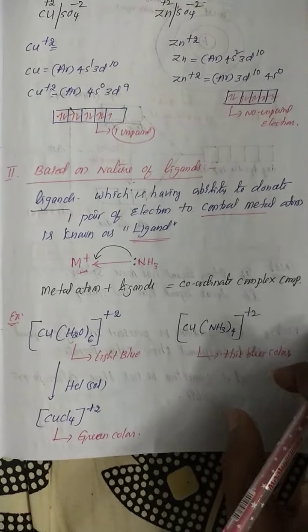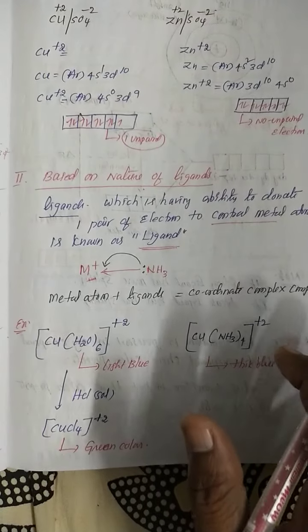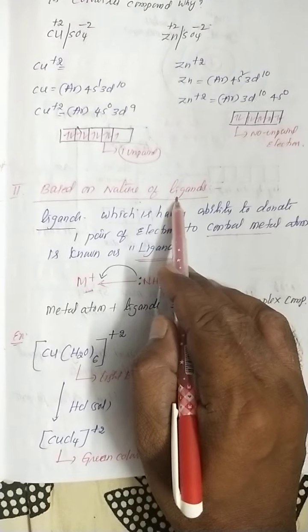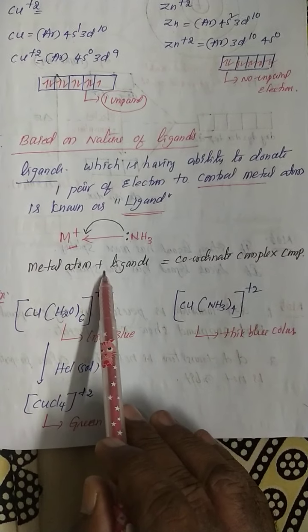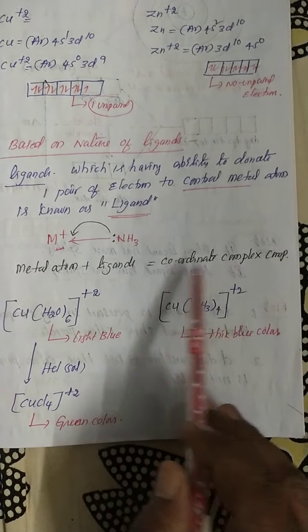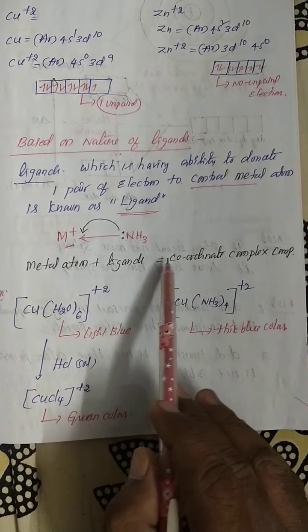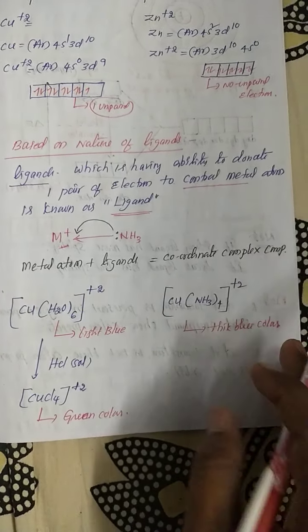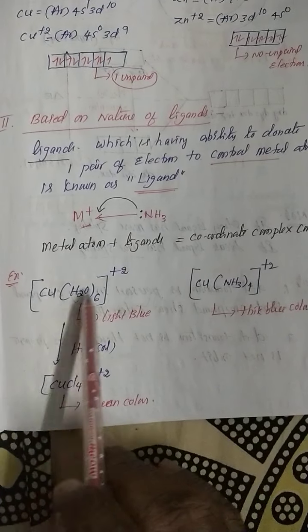So my dear students, complex compounds also show color property, and the reason is the ligand behavior. Metal atoms plus ligands is commonly known as a coordination complex compound. Now here is hexaaqua copper plus 2.